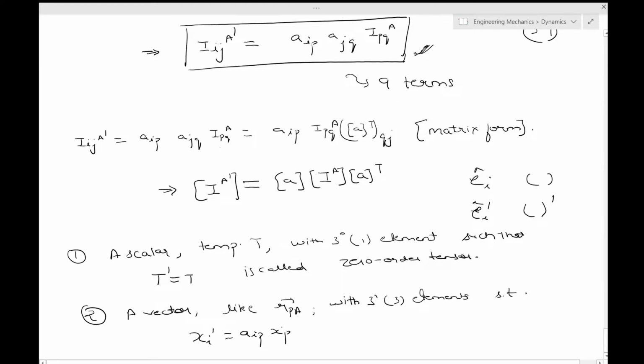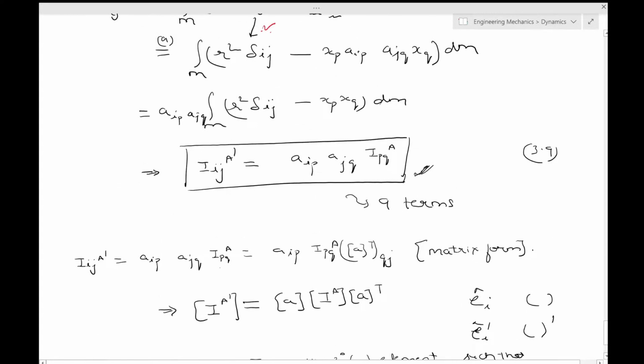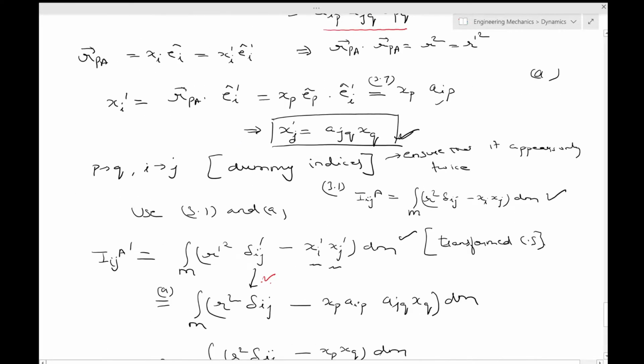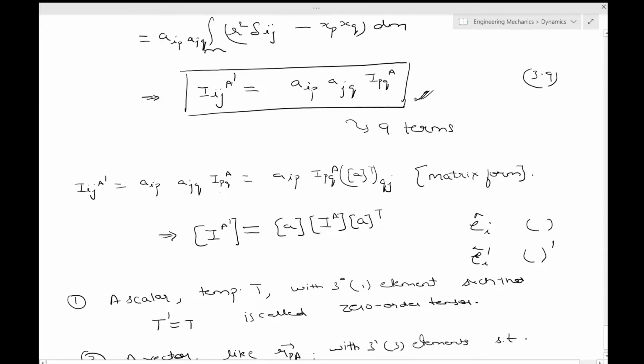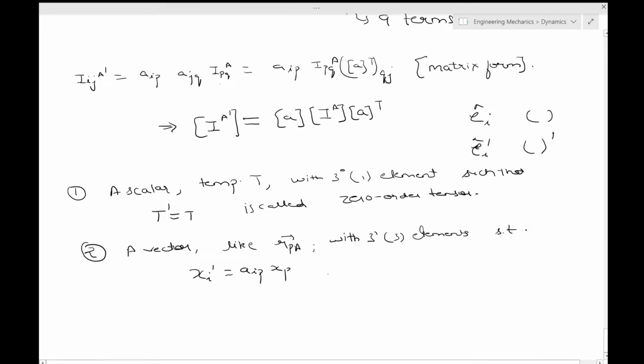Remember the vector r was written as x_p e_p. This is the transformation law for a vector and is called a first order tensor.